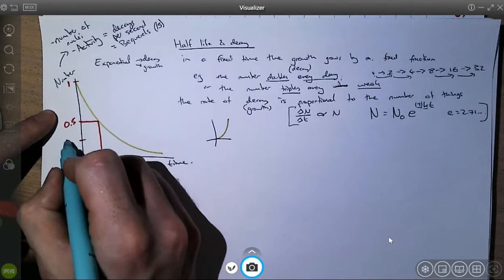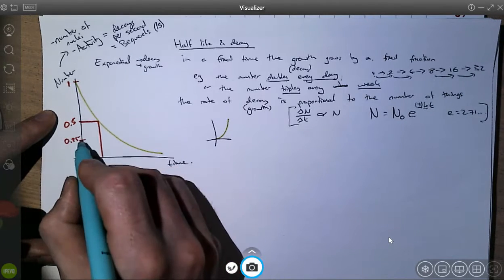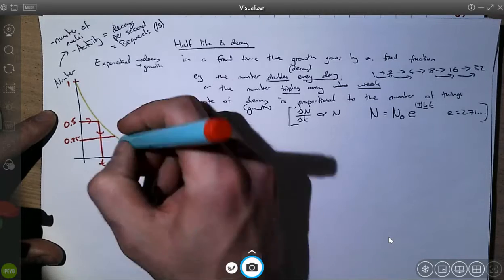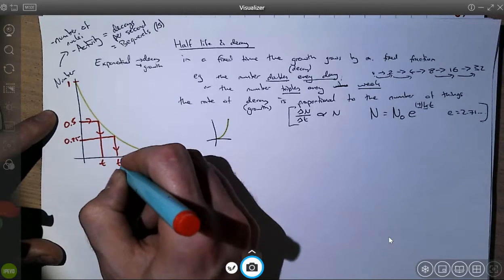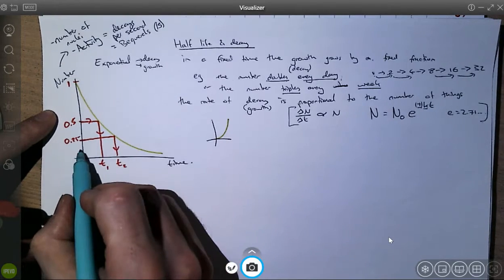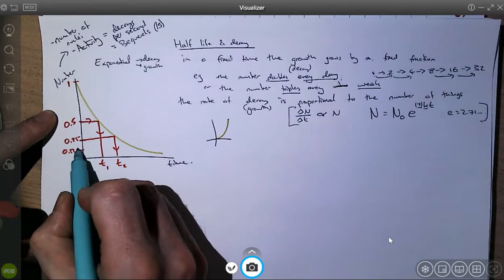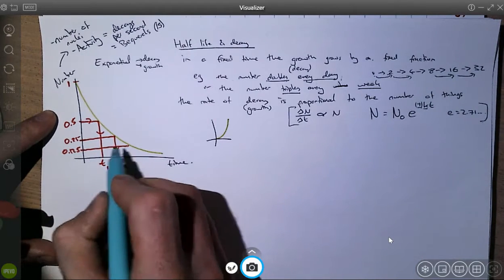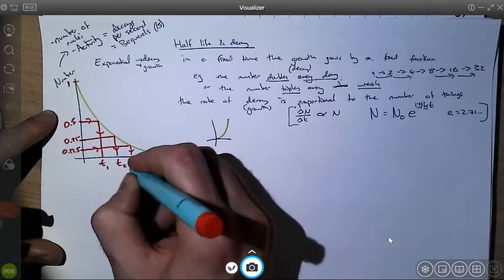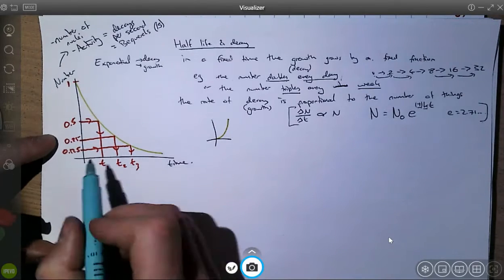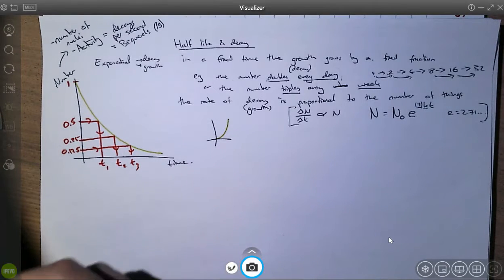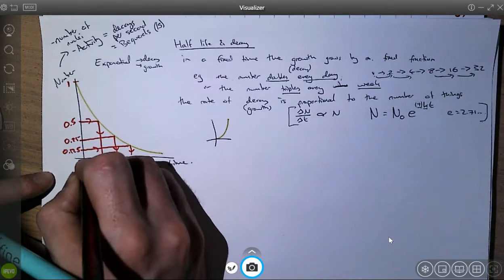If we halve it again, 0.25, and then we go across, and then we go down, we get ourselves a t2. Okay, we'll do it one more time, 0.125, we go across, and we go down, and we get ourselves a third time. And we notice that all of these times are equal.